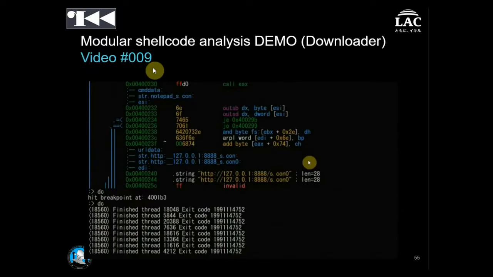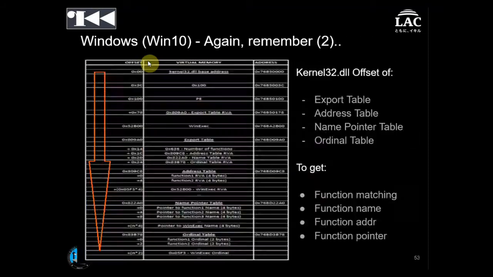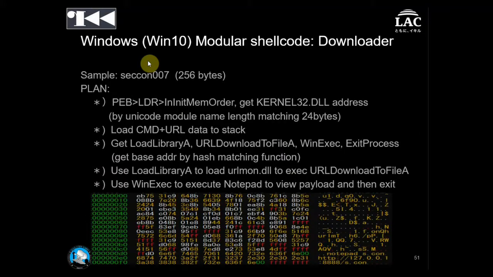In this example, I'm using the downloader. We try executing something, popping some message boxes, and probably the most interesting thing to learn in the basic one is the downloader, right? If you want to download something and run it, you will probably need a shellcode, and if you need to know how the shellcode will work for that, this is an example for you.